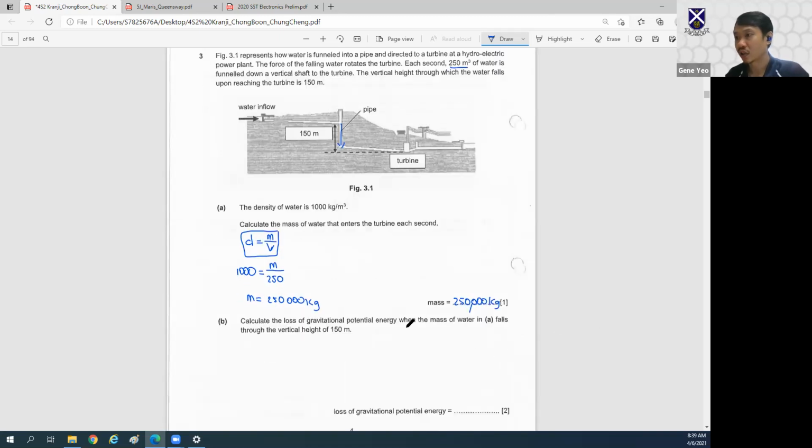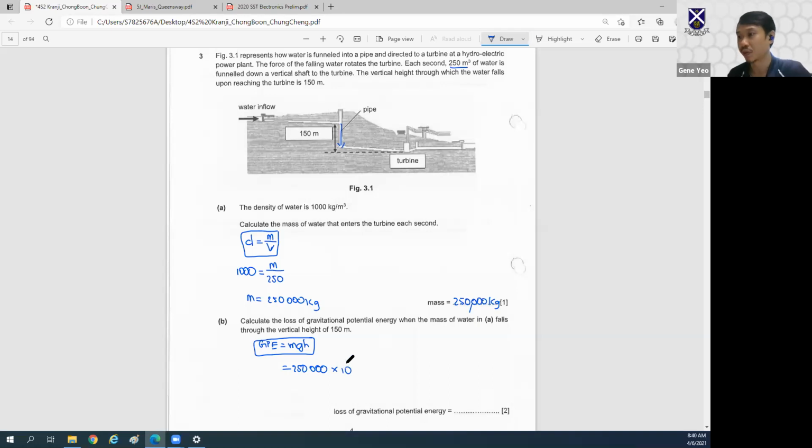Next, what is the loss of GPE when it falls through this vertical height? Basically, I employ this formula, GPE equals mgh. You have to know and remember this formula. So we calculated the mass earlier to be 250,000. g on Earth is 10.